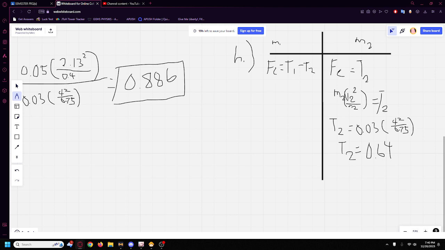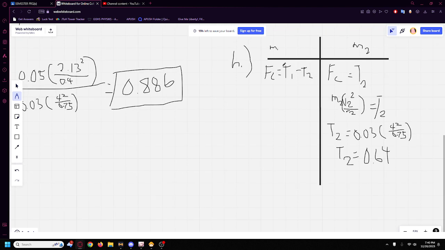And then for M1 you can sub in FC is equal to T1 minus T2, so 2T2 is equal to T1, and then 2 times 0.64 is 1.28, so T1 is equal to 1.28.